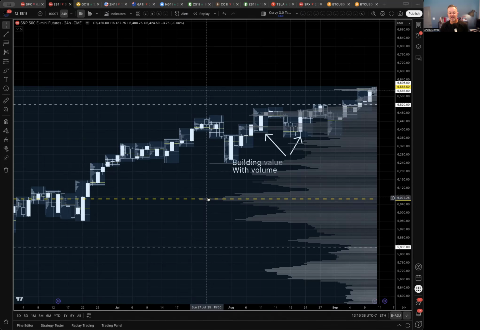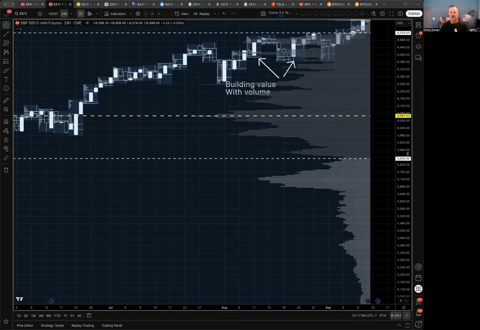The highest volume, this dotted line here, at 6067.50, is called the point of control, and that's the most volume traded at that level for all of 2025. The point of control is generally right in the middle of the volume profile.